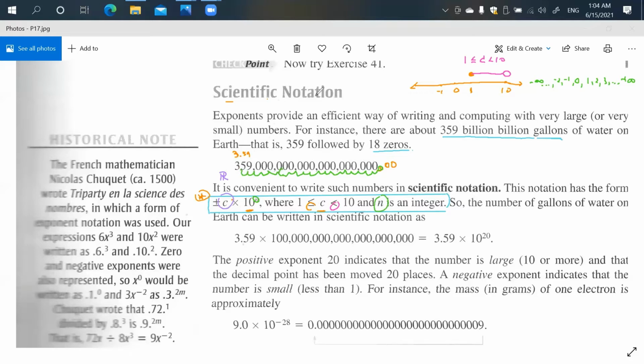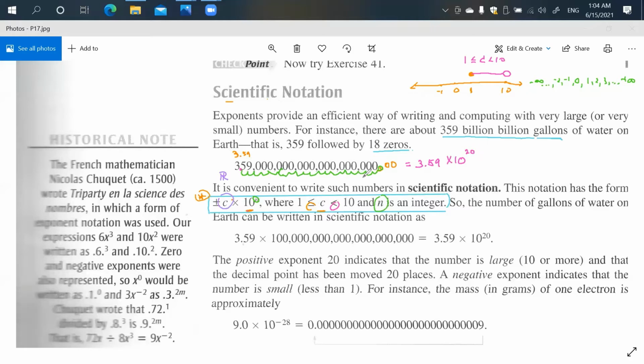I stop right here because I need 3.59. So when I write it in scientific notation, it is going to be 3.59 times 10 to the power of, how many did we count? 20, correct? So the exponent is going to be 20.